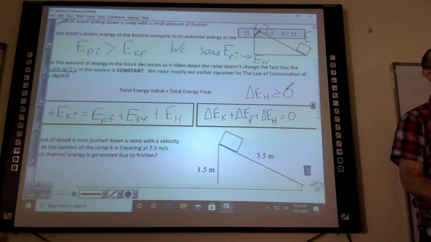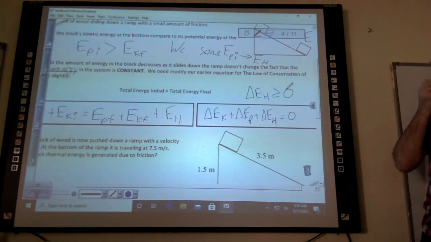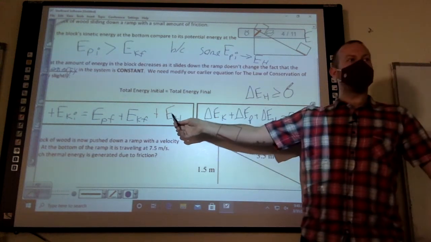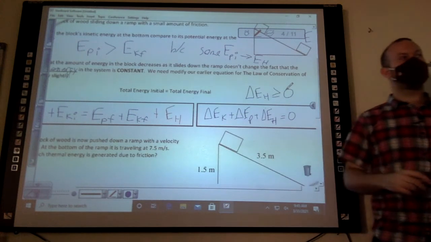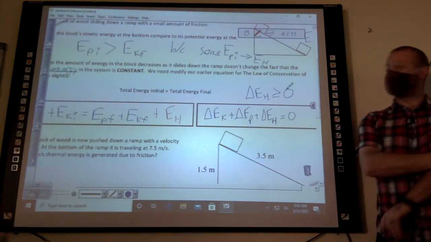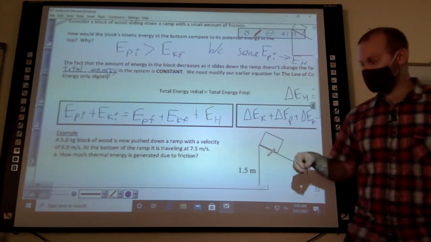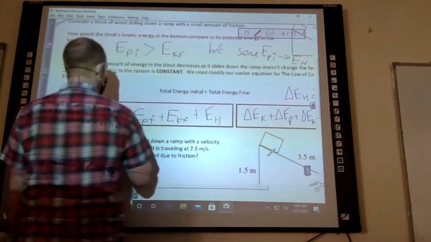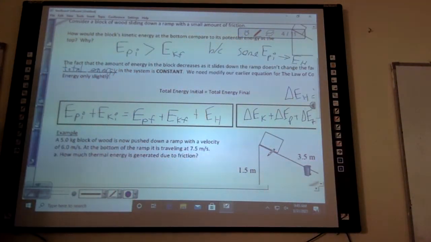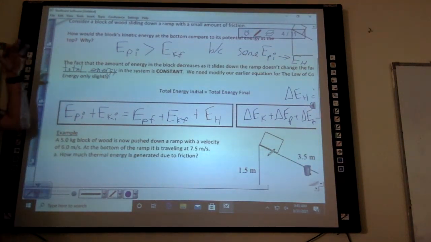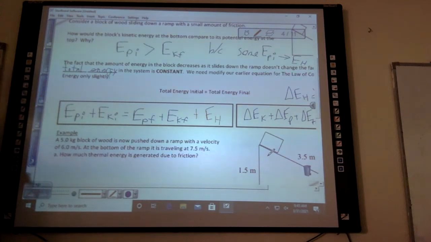Why is it plus change in heat? Why is it plus, like heat doesn't have those two components, initial and final energy? You mean in here? Yeah, here it is like an initial and the final. Right. That's a good question. So why do I not have an initial heat here? In our system, like I said, you cannot put heat from outside back into an object and create a different kind of energy.